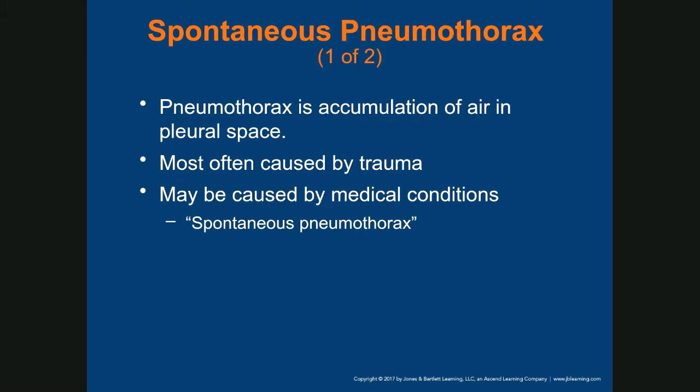All right, spontaneous pneumothorax. Pneumothorax is accumulation of air in the pleural space. It is most often caused by trauma, but it can be caused by medical conditions. So let's say you have a COPD patient who has had this for years. A COPD patient can one day get a joke, and the joke strikes him so much that he laughs, and the lining of his pleural membrane ruptures, and then he suddenly can start to have difficulty breathing.